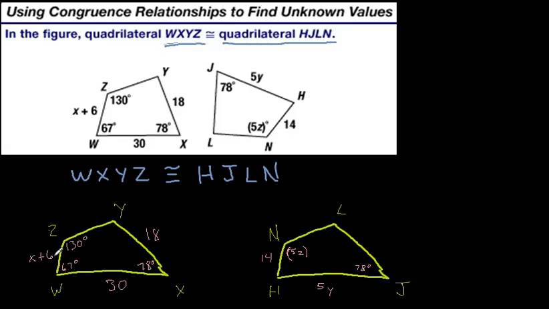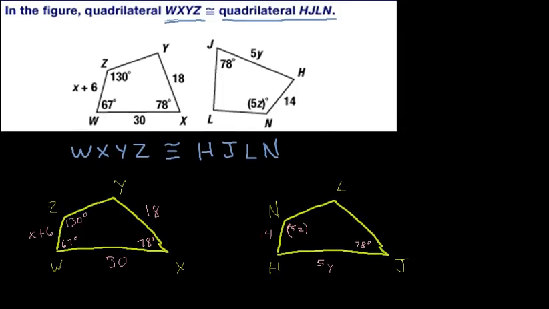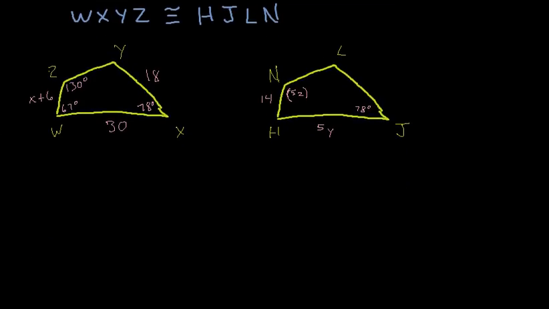Well, the first thing that I could do is say, hey, line segment WZ is congruent to line segment HN. So I got line segment HN is congruent to WZ. I need to find out what x equals. Well, you could use this image up top, but we've already drawn everything down here, so I'm going to scroll down and just take it off the plate.